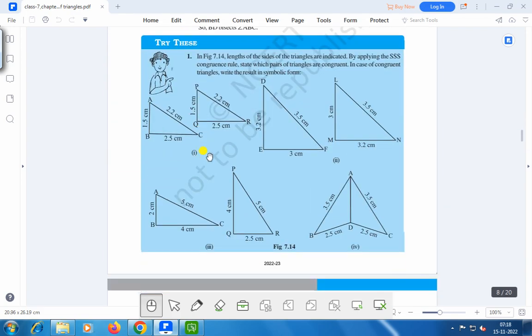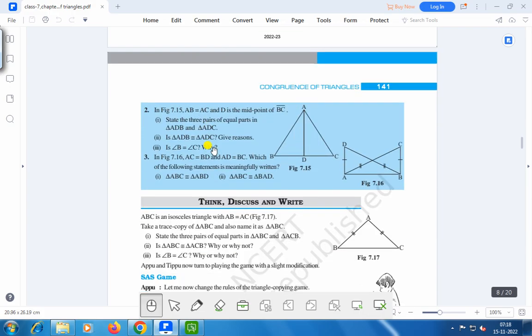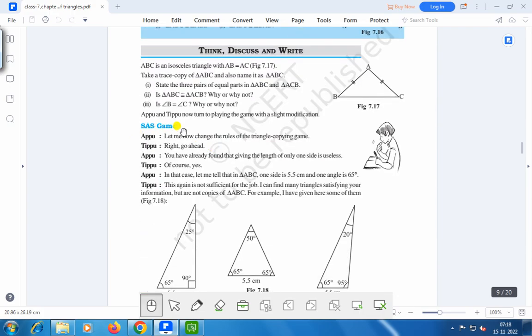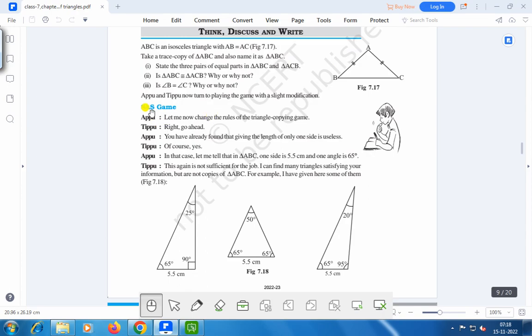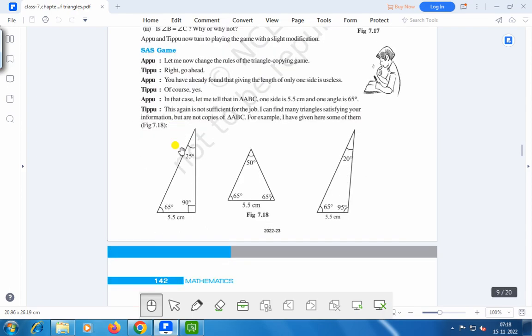Next rule is side angle side. Side angle side rule. What is that, side angle side?